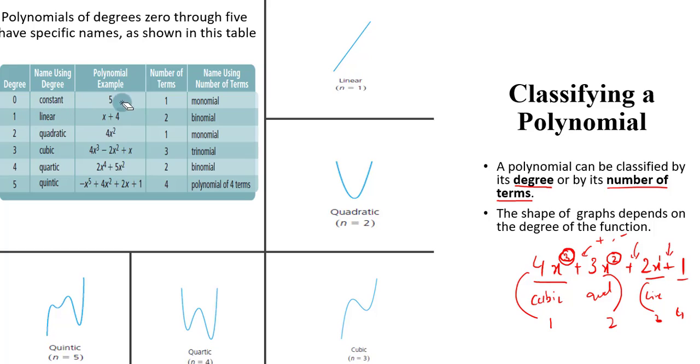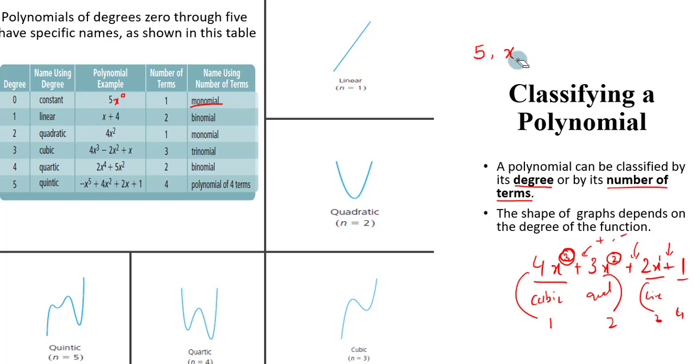Let's first look at this table. When the degree is 0, like in the polynomial function 5, it has a variable with degree 0. So we say it is a constant term, and because the number of terms is 1, it is termed a monomial. A monomial can be a real number, like 5 or x.